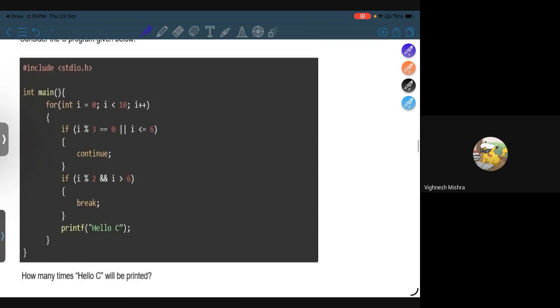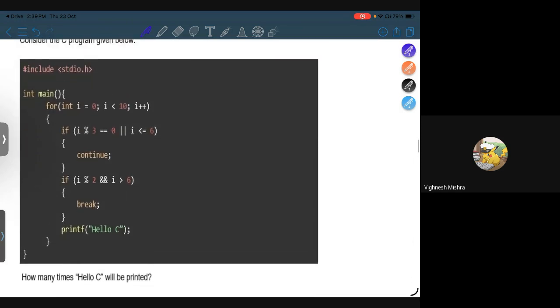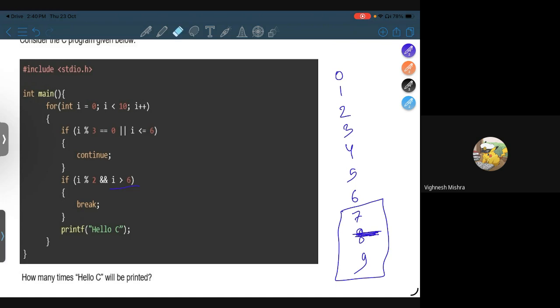Consider the C program. How many times will hello C be printed? Fine. Again, 0, 1, 2, 3, 4, 5, 6, 7, 8, 9. It will break if the value is greater than 6, and if it is even, so this will break. Till 7 we can calculate.